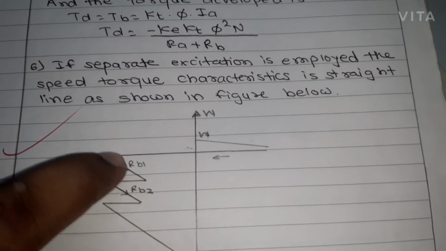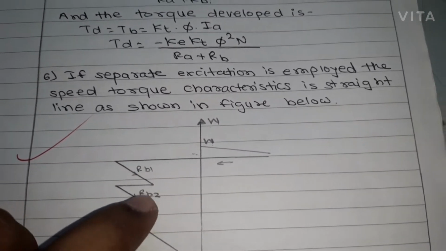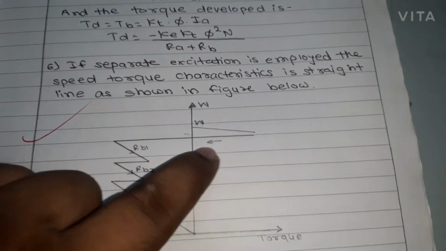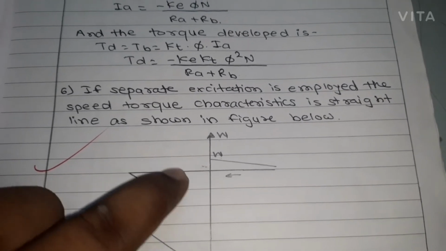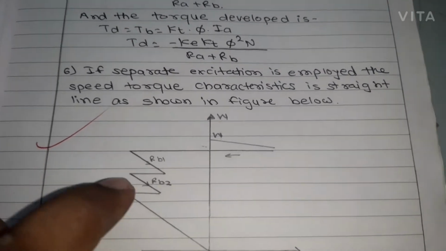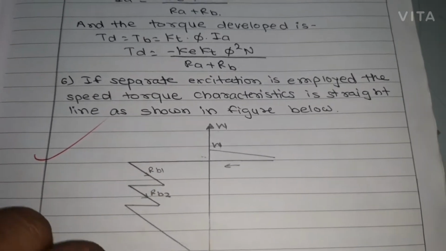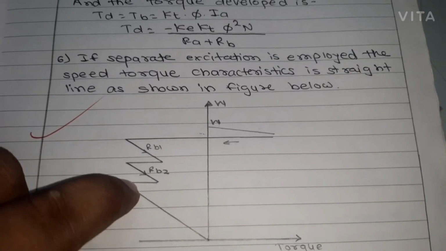For particular braking resistance values, there will be multiple characteristics. The characteristic shown here is with a variable braking resistor, but in this practical we are not going to perform this. We are going to plot this characteristic, then this characteristic separately, and then this one also.